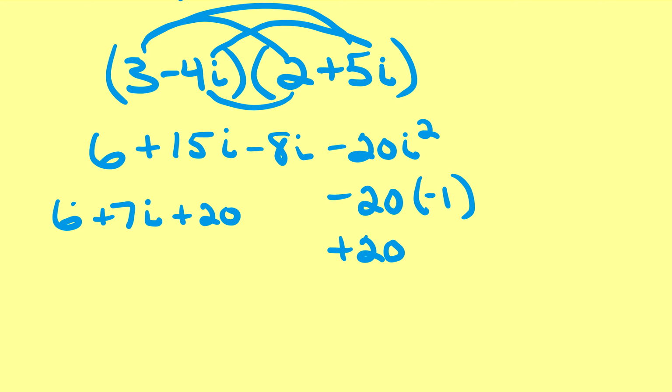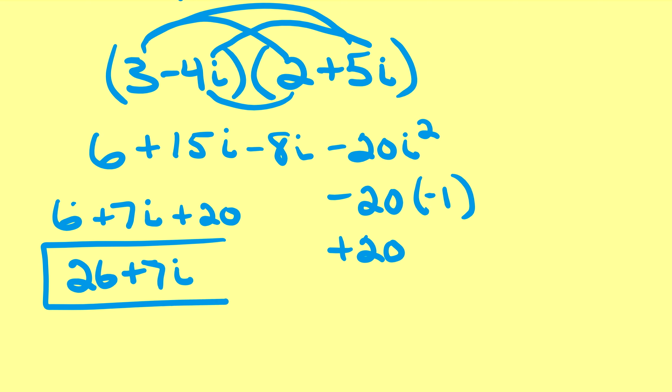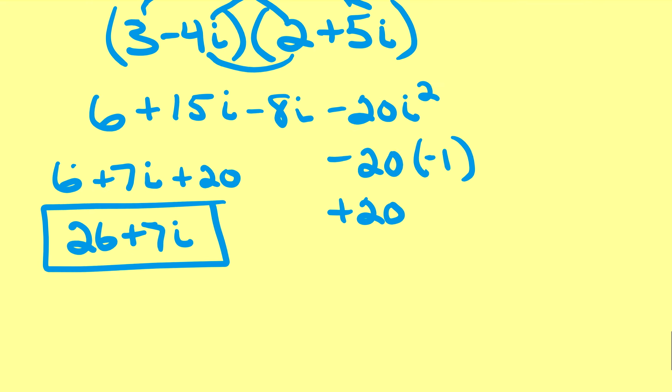Now I can add the 6 and the 20 together to give me 26 plus 7i. And now it's been multiplied, and that is my answer for that problem. So you're going to have a change of your signs when you have an i squared at the end when you're foiling, or whenever you multiply two i's together. All right, let's try another one.